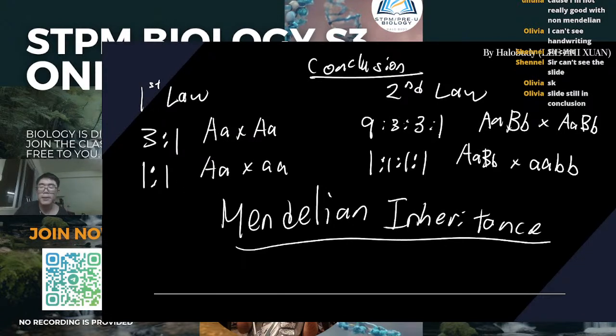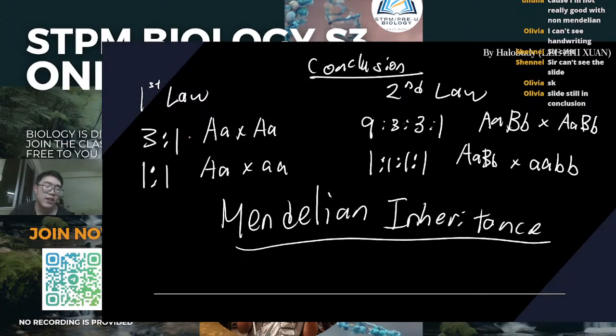So one example is the snapdragon flower. Not dragonfly, snapdragon, sorry. Snapdragon flower is one of the famous examples we use.